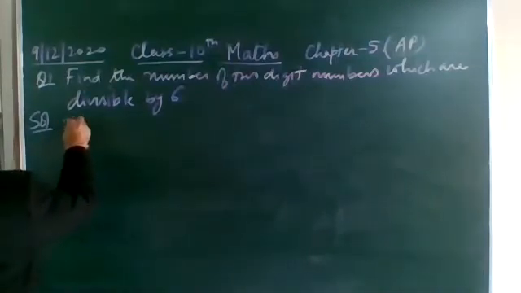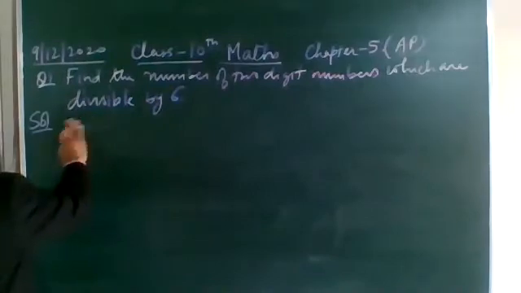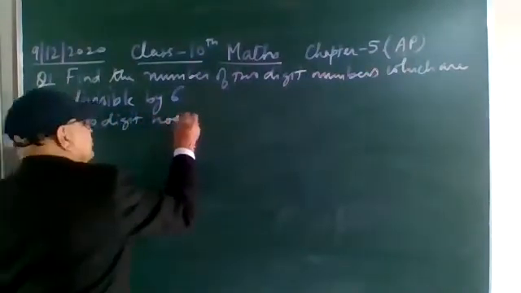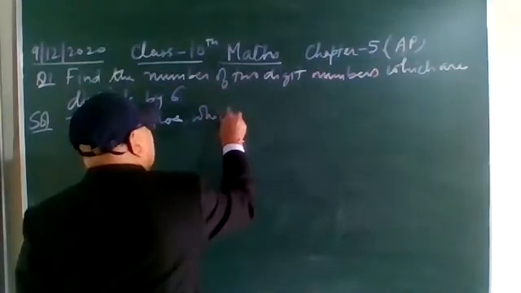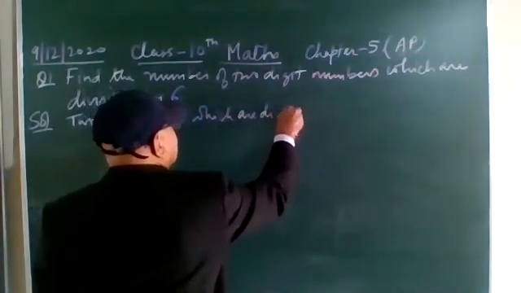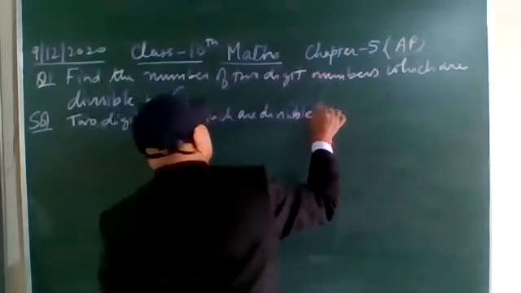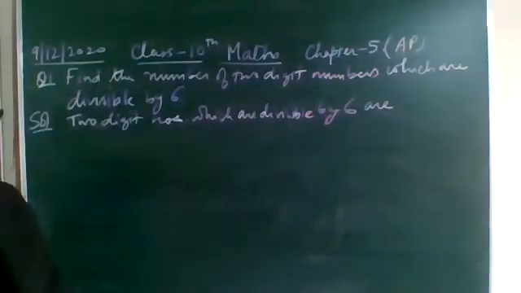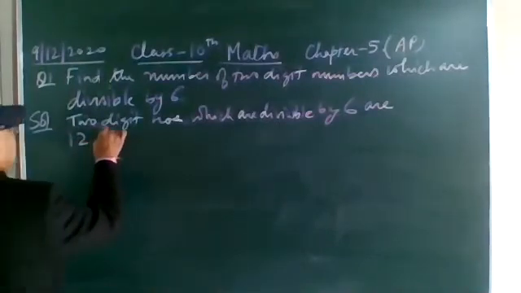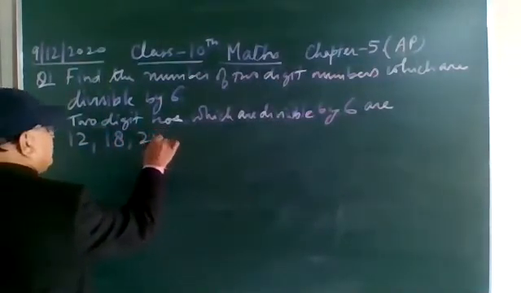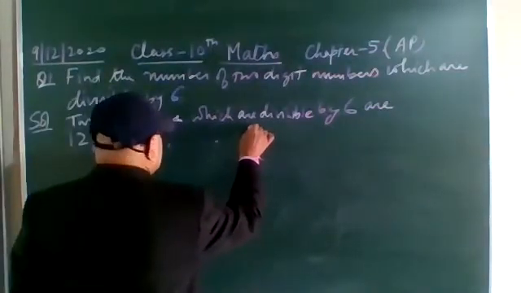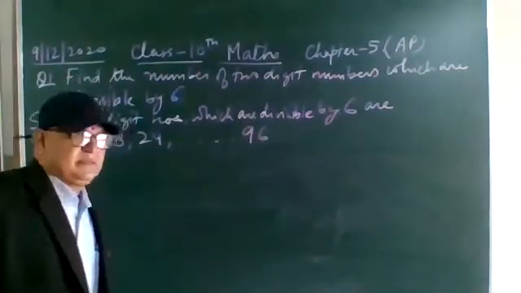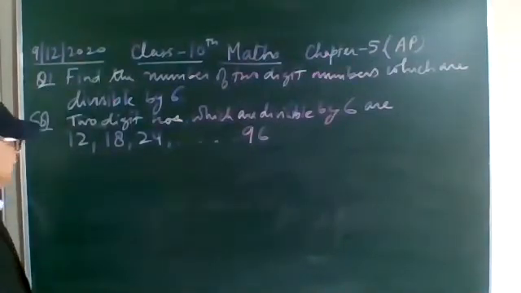So first of all, you will write the two-digit numbers which are divisible by 6 are 12, 18, 24, and the last number 96. 96 is divided by 6.